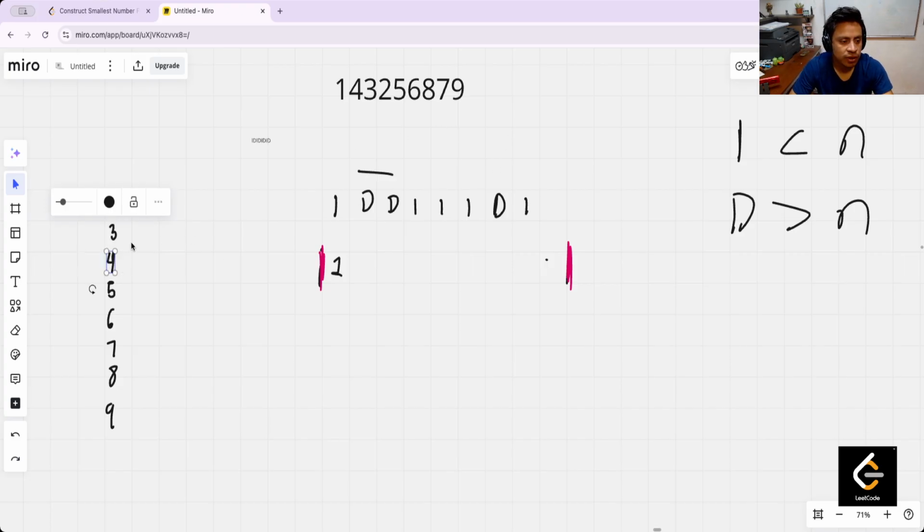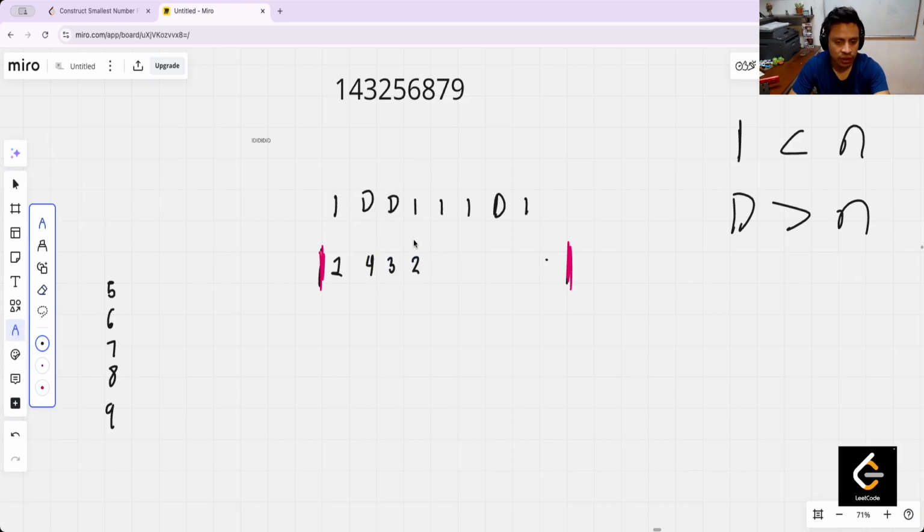The length is 2, but I need to use 3 because they are 4, 3, 2. Now this should be minor than this and this. Okay, in this case, I think that is the 5.